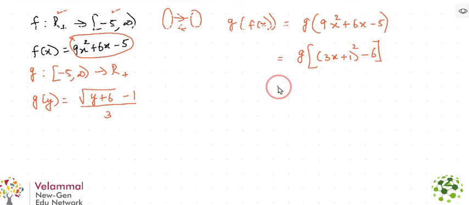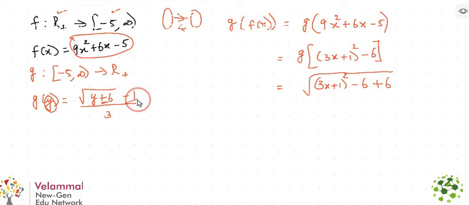Okay. Now, what is g of y? Add 6 to y, take the square root. Add 6 to whatever is available. So what is available? 3x plus 1 the whole square minus 6 is there. Add 6 to it. Take the square root. Subtract 1, whole divided by 3.